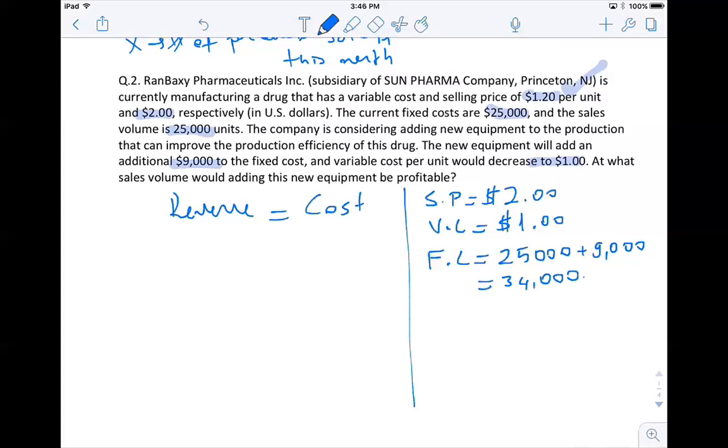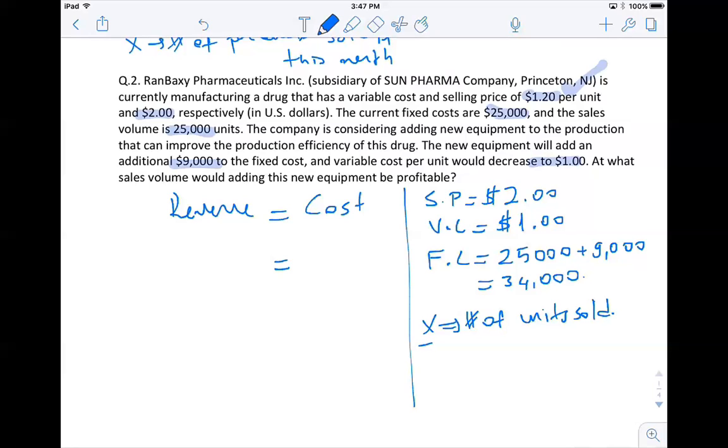We now have the information to calculate our revenue and cost, so let's define x as the number of units sold. We don't know x right now. x is the number of units sold at the break-even.